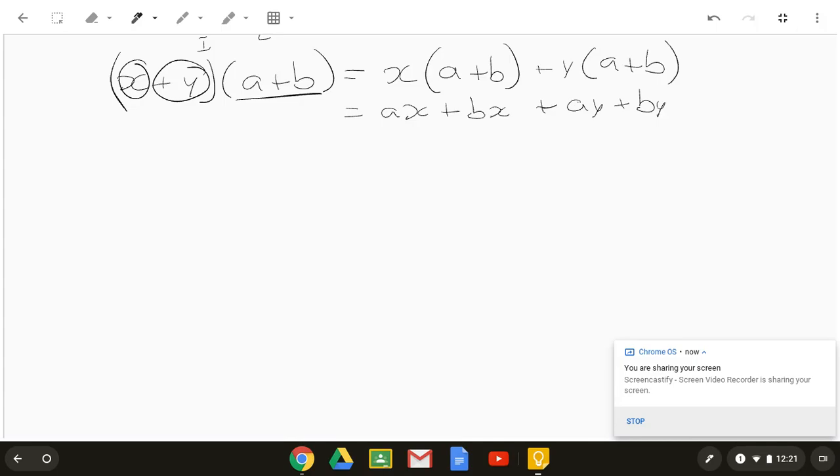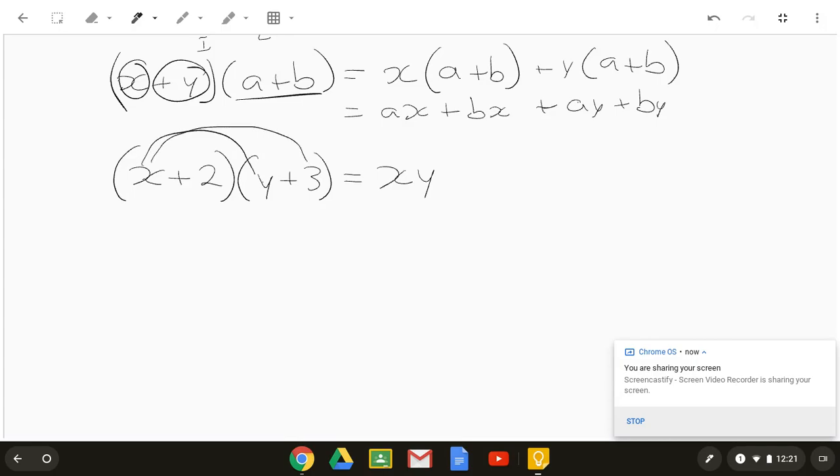So let's move on to some examples. If I have x plus 2 in one bracket and y plus 3 in the other bracket, I like to use the FOIL method. x times y is xy, and then we do the outside terms. x times plus 3 is 3x.